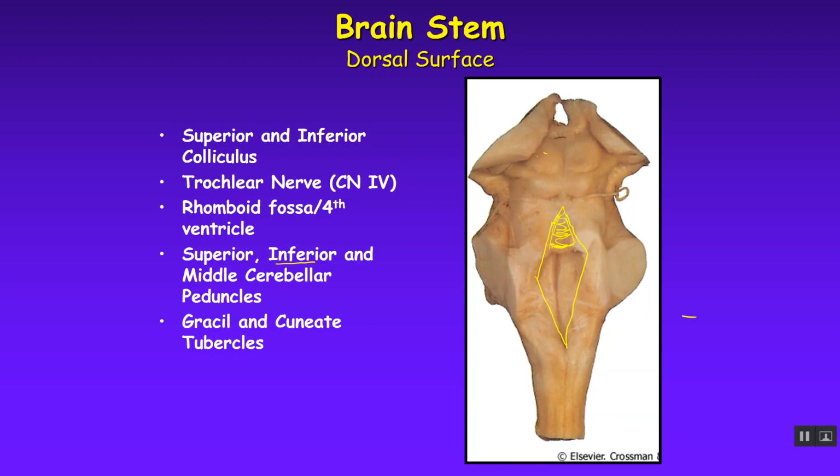So it's rhomboid in shape, it's a depression, and the top part of it is mostly up in the pons, and then the little bottom part of it here, this tag end, is down more into the medulla, but that's called the rhomboid fossa. That rhomboid fossa is a space, and there's cerebrospinal fluid in there. We're going to show you some ventricles here in a second, but this rhomboid fossa becomes the floor of your 4th ventricle. Okay, it's called the 4th ventricle, but the rhomboid fossa is the floor of the 4th ventricle.